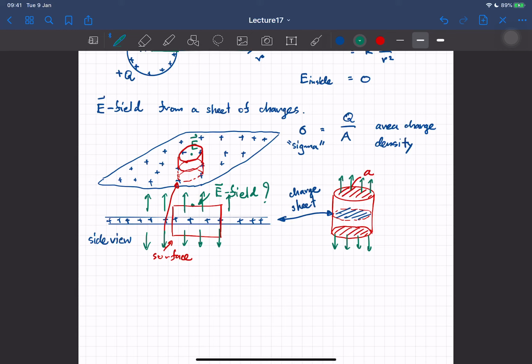So you can see that there's no electric field going through the wall of the cylinder. So no E field through the wall of the cylinder. So that means the electric flux through the wall of the cylinder must also be zero.